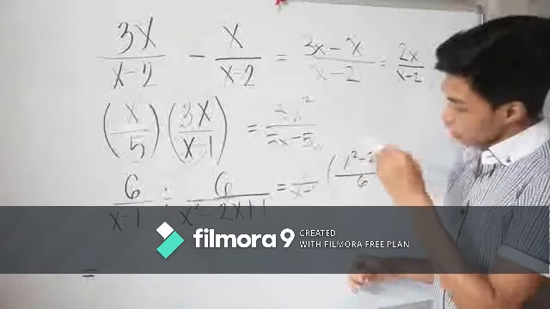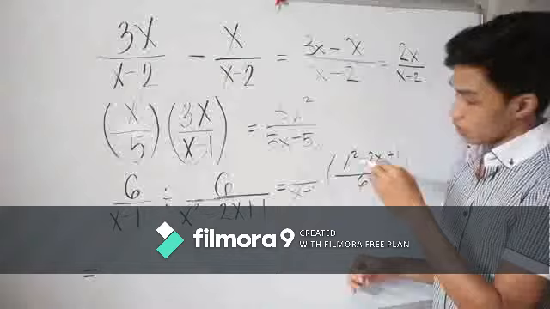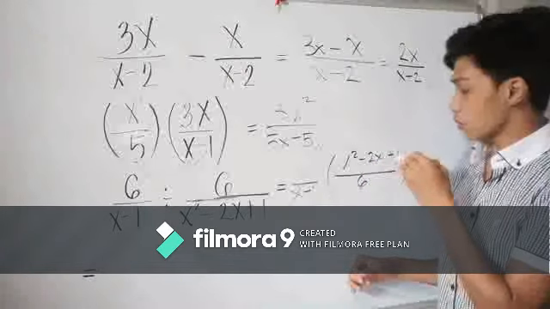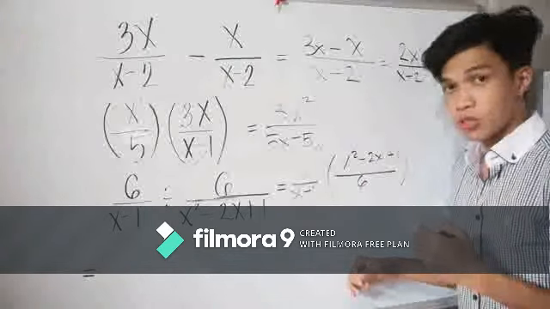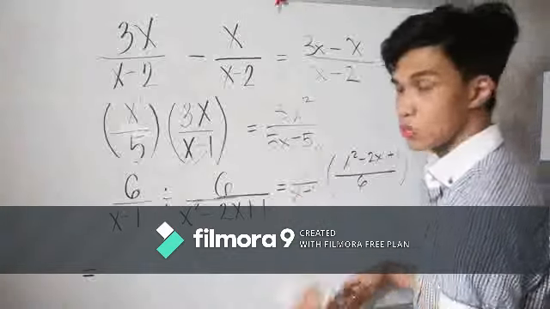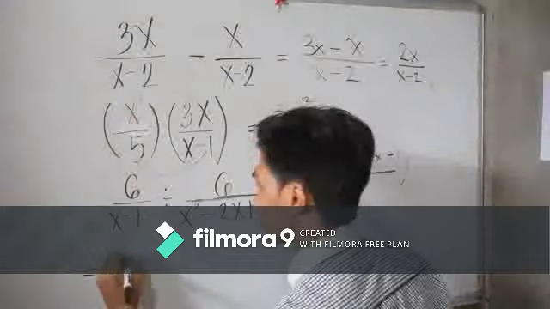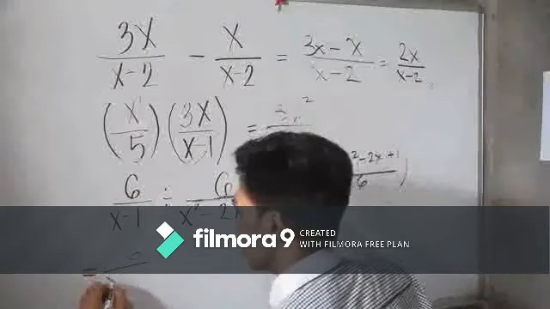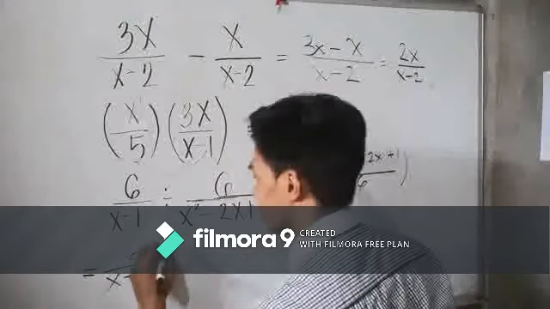We need to interchange this expression, x squared minus 2x plus 1, to their factors. So what are the factors of this trinomial? Let's copy this one, 6 over x minus 1.